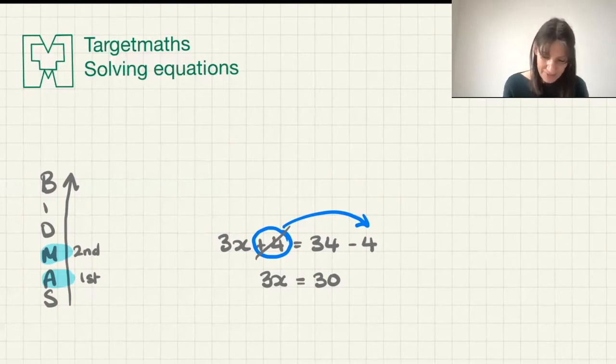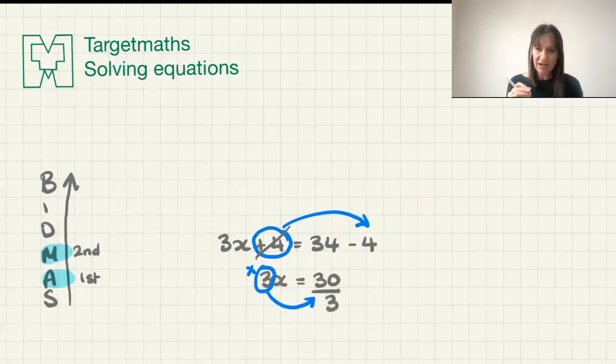So I am going to pick up the 3, which I know is a times on that side, and it's going to land as a divide. And I'm actually going to do it like this now, because technically, as our equations get more difficult, that will become very helpful. You can show 30 divided by 3 if that is better for you.